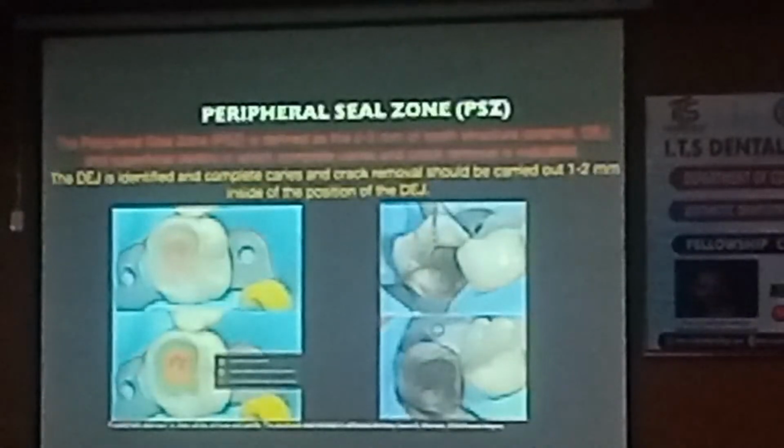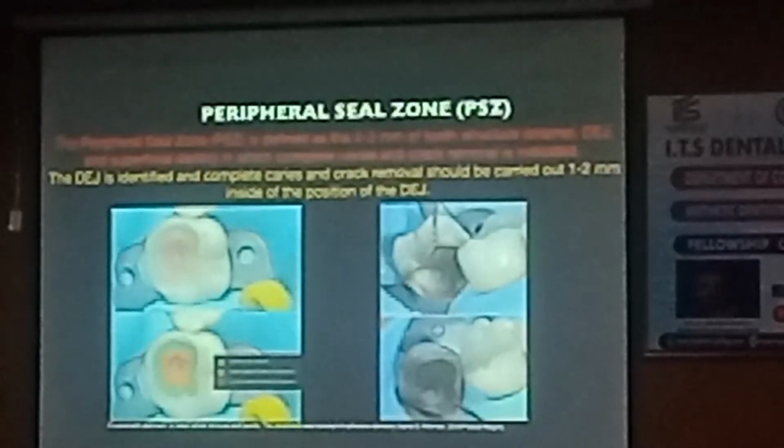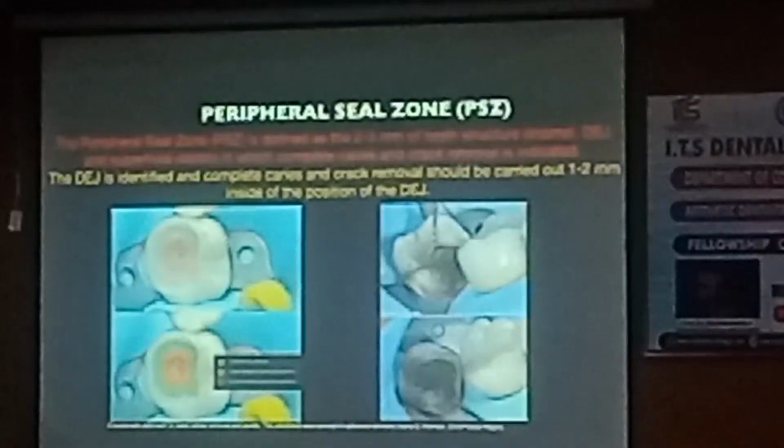Right, so here you need to understand another terminology, which is called the peripheral seal zone, which is the 2 to 3 millimeters of tooth structure, enamel, DEJ and superficial dentine, in which complete caries and crack removal is indicated.